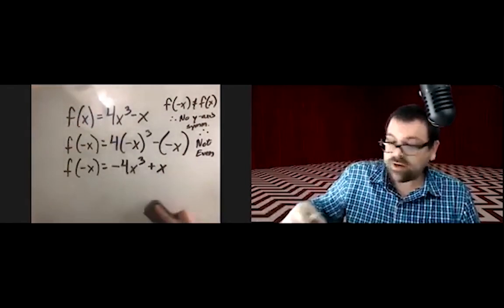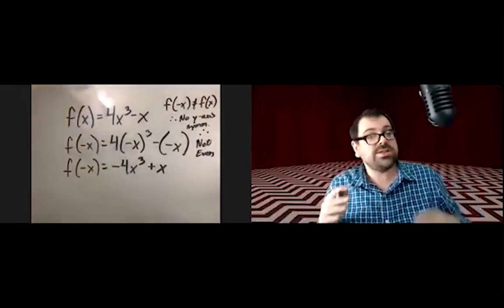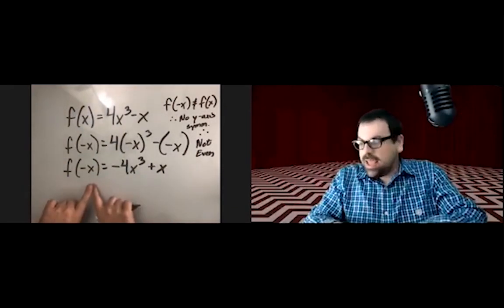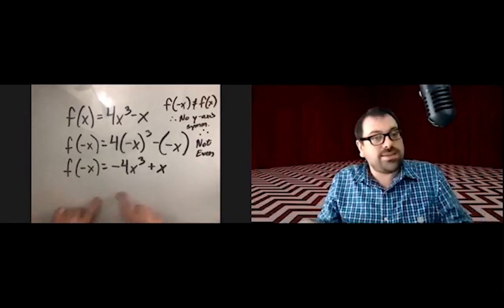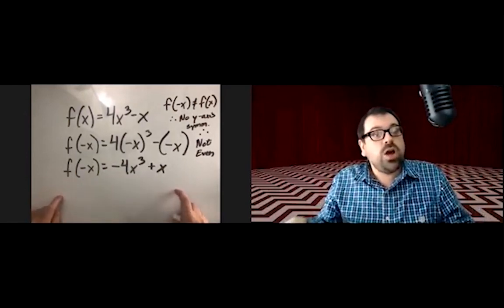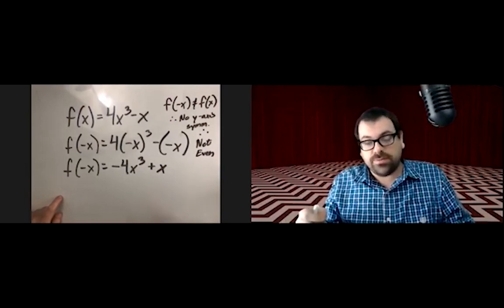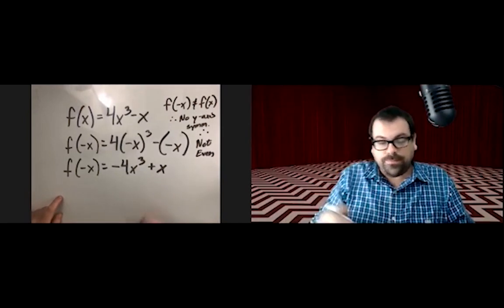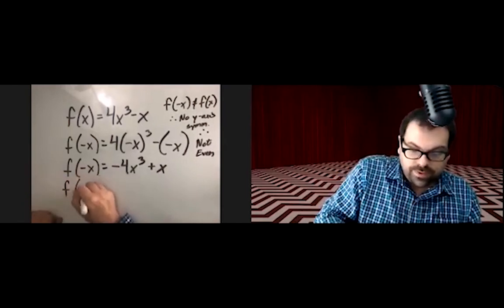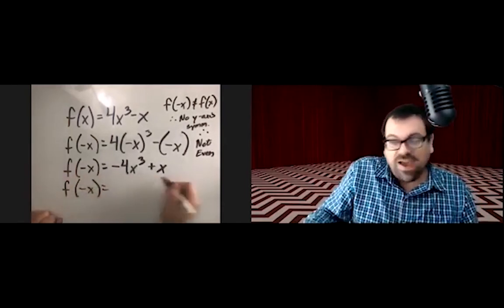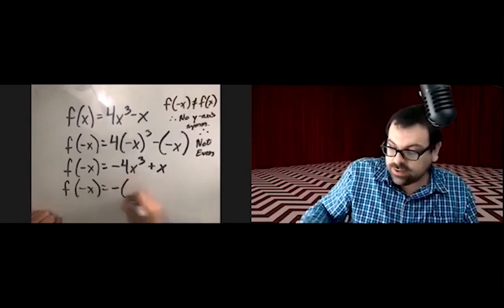Then it would be odd. So here's how we'll do this. If it's not even, if it doesn't have y-axis symmetry, we are going to factor out a negative. So we're going to factor a negative out.